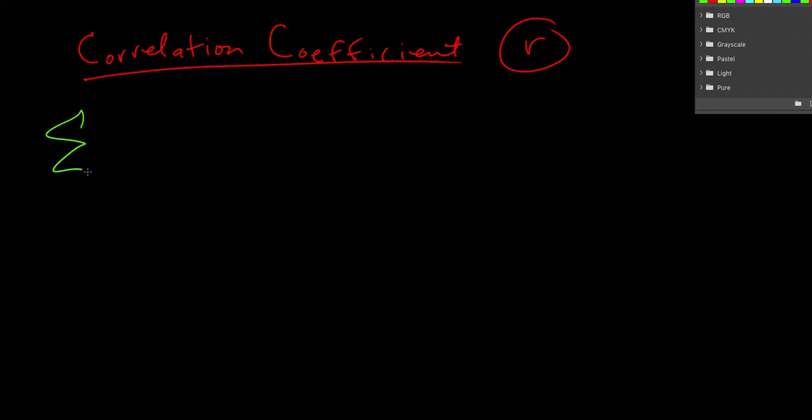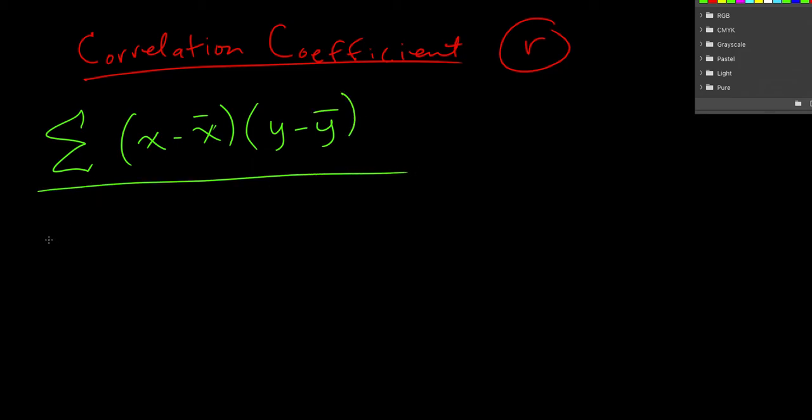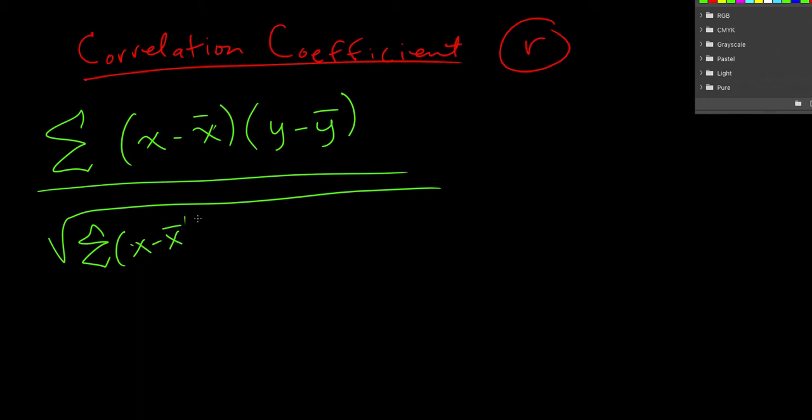We have some summation symbols. We have each value individually minus the average of those x values. And then we look at the same thing with y values. Then we divide all of that, square root that, sum the square of that difference.